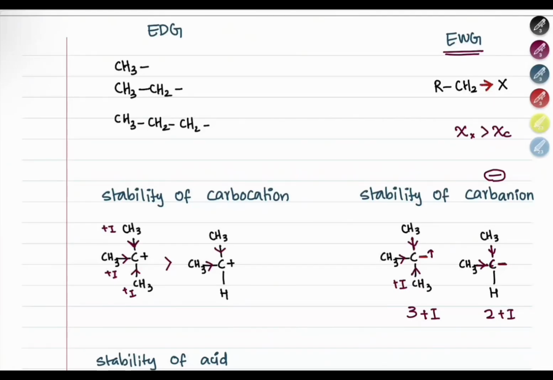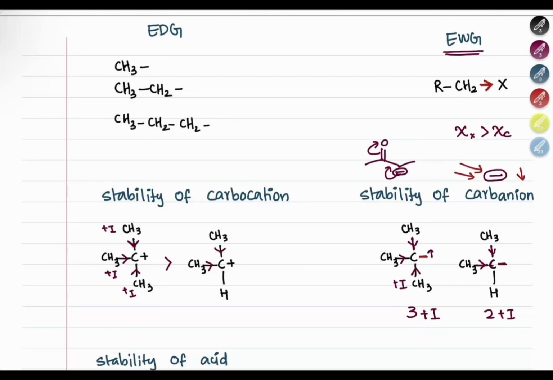Like we had discussed earlier, right? If there is a ketone adjacent to a negative charge, this negative charge will become more stable because the negative charge intensity is getting reduced by the influence of the carbonyl carbon. But if in a molecule there is a negative charge, and groups are again putting electron density onto this negative charge, that means the stability of the carbanion will reduce.